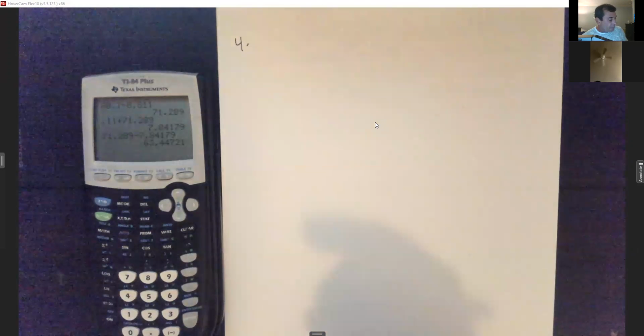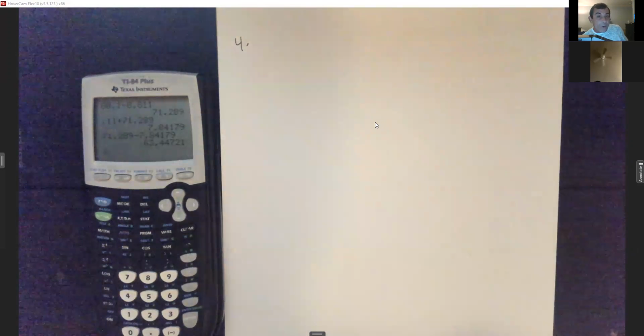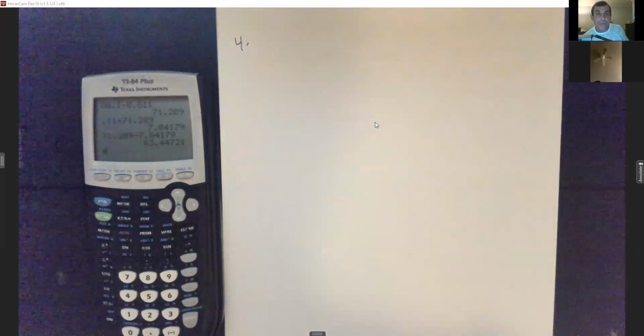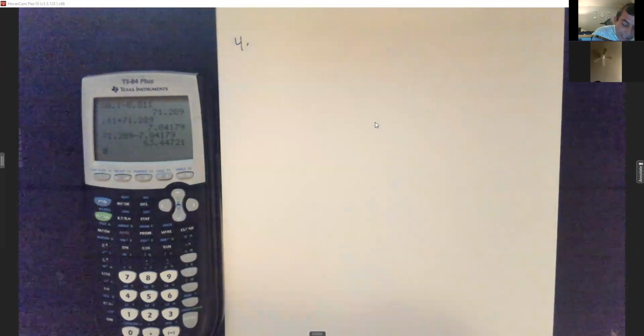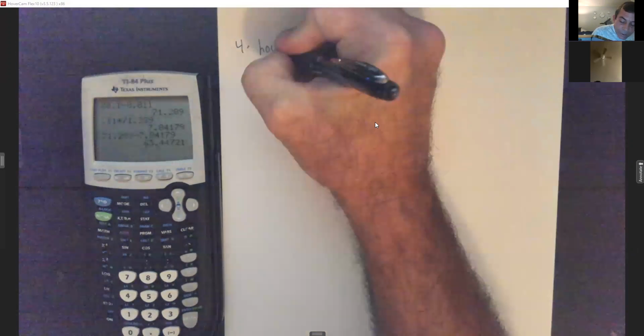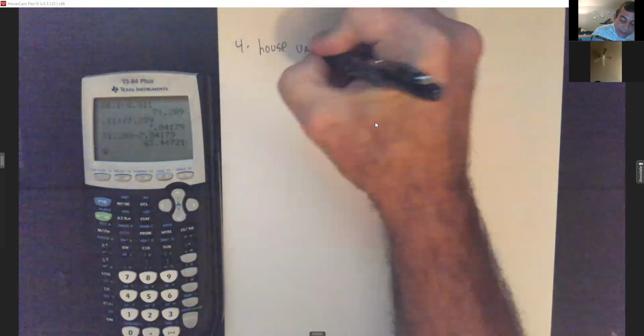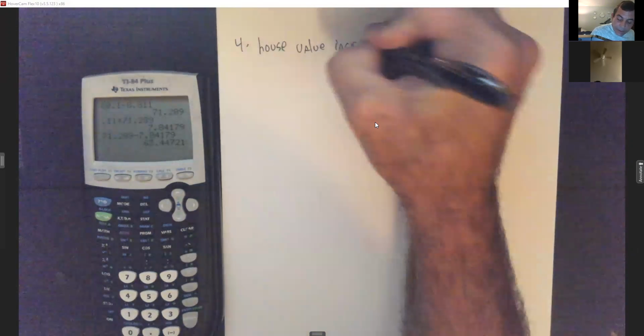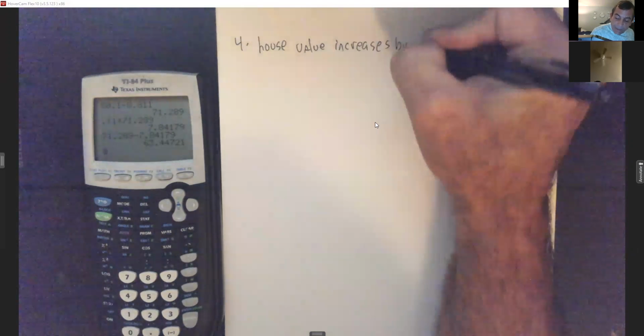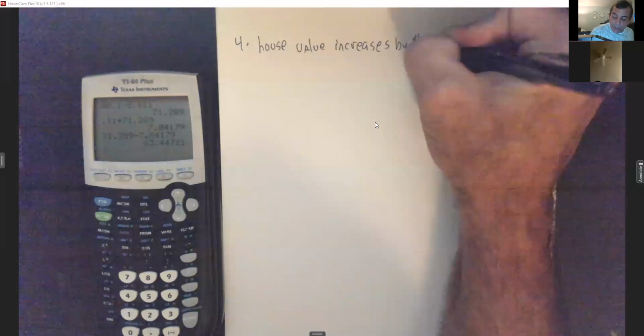Same thing. The value of a house is increasing by $1,600 per year. So a house value increases by $1,600 per year.